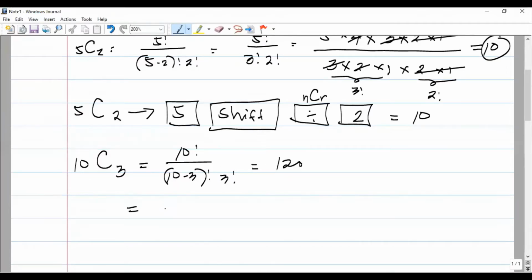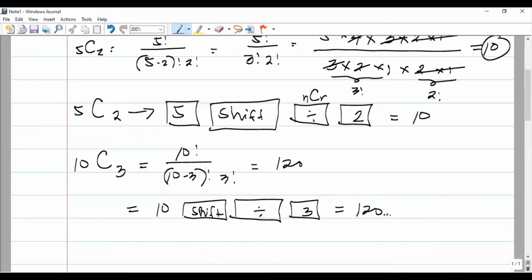Or we have 10, shift, and then press divide, and then enter 3, equals 120. So easy, okay? So that is the shortcut way of computing the combination using the calculator, okay?